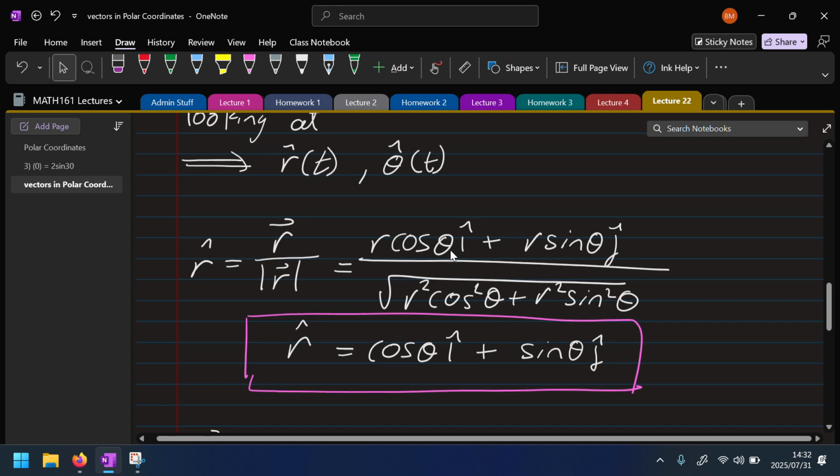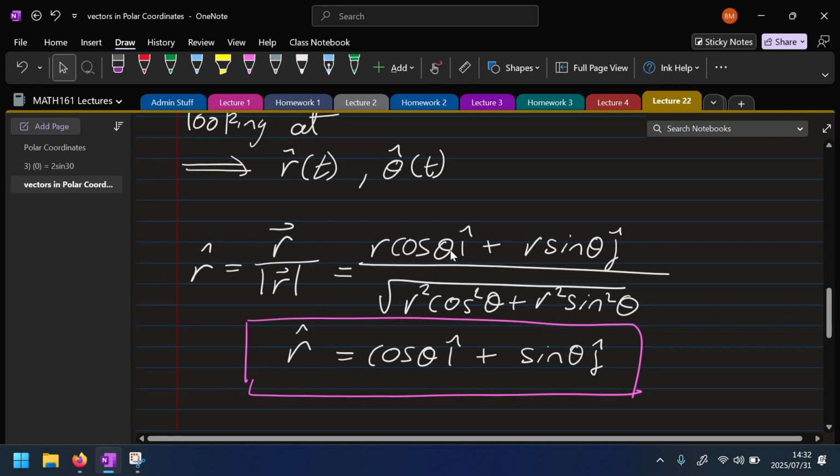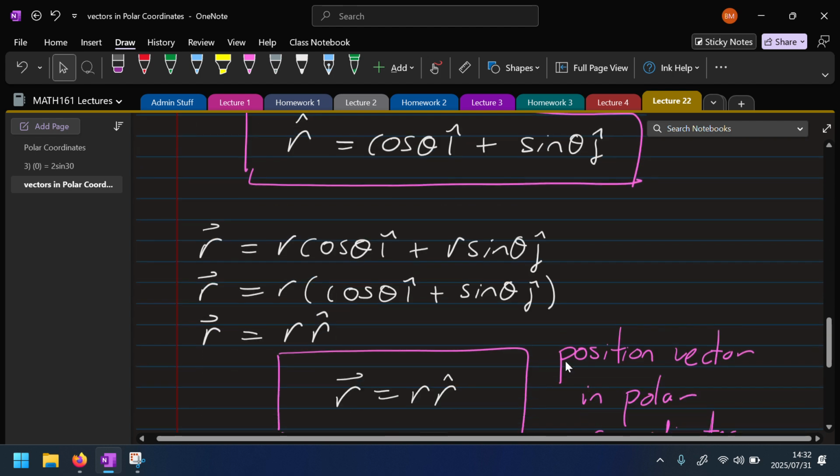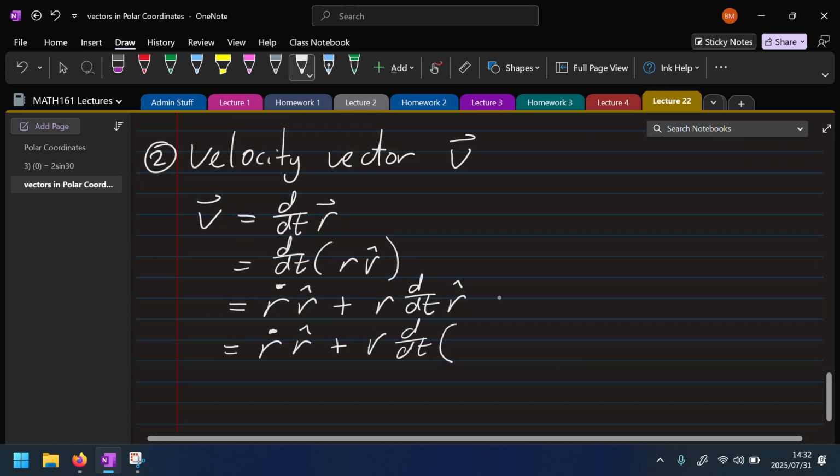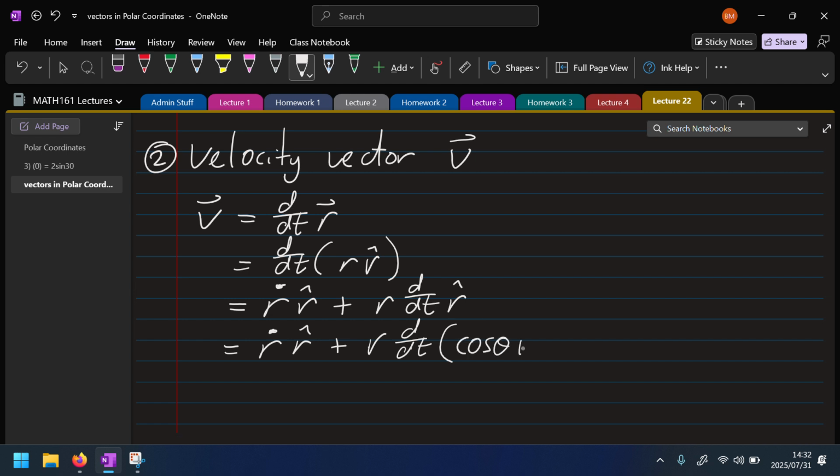r hat, that's going to be what we have over there: cos theta i hat and sin theta j hat. So let's fill that in. And again, theta is a function of time inside the cos and the sine.